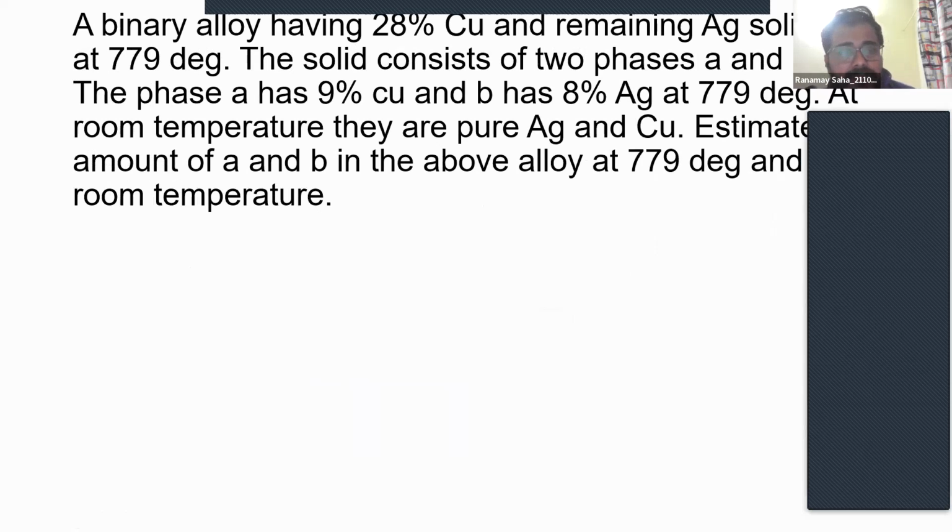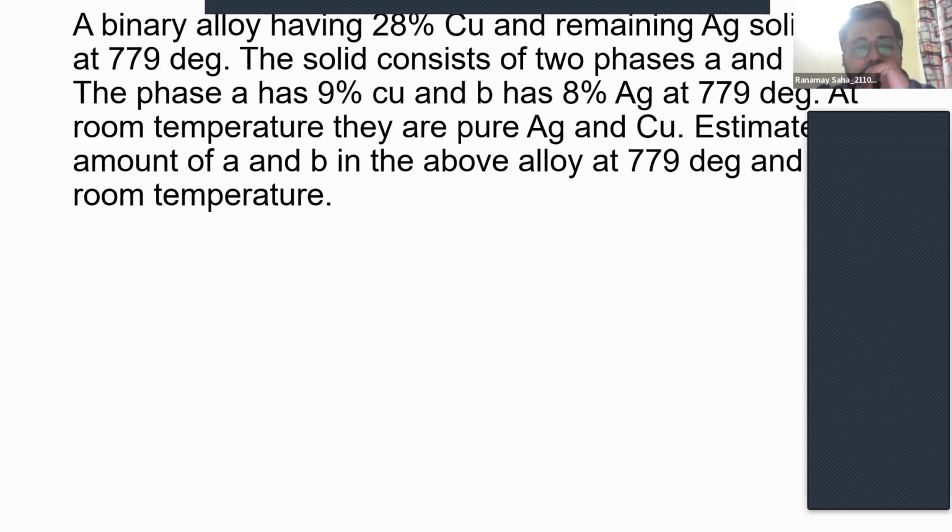So this is a question from phase diagram. You have to find out the solid composition and the liquid composition out of it. The question says it is a binary alloy made up of copper and silver. It has 28% copper and the remaining 72% silver at a temperature of 779 degrees centigrade.